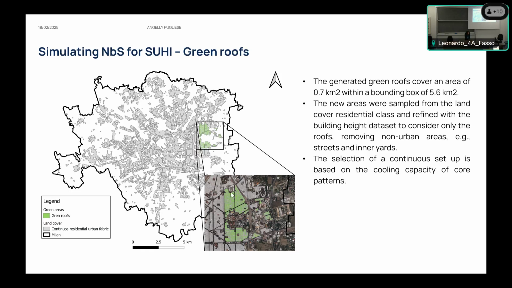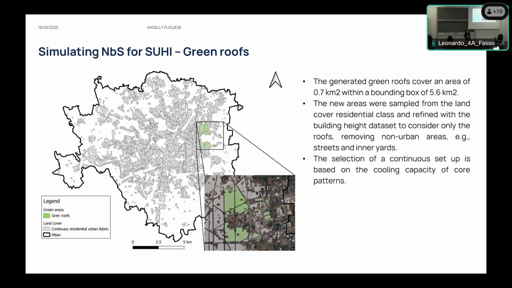This, just the roofs, resulted in a covered area of 0.7 square kilometers, which is something considerable, seeing all the numbers of the land cover changes and so on. We are not talking about huge numbers.